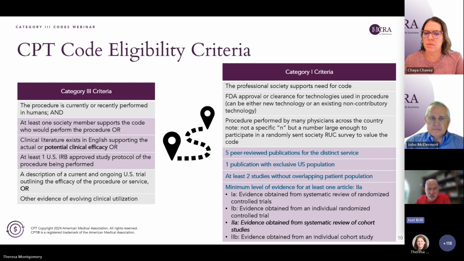The other thing to think about is that from the specialty society's standpoint, they're looking at how your request to create a code for your new technology or procedure impacts other codes that may currently exist. So oftentimes it's good to have early outreach with the staff member of the specialty society.